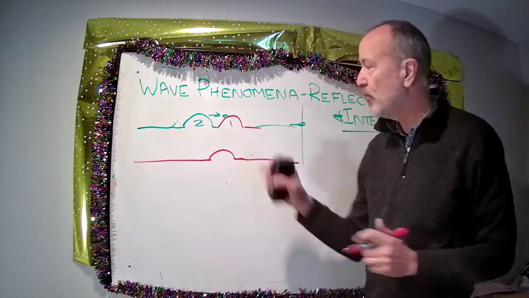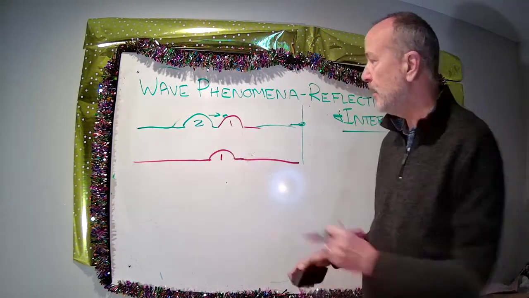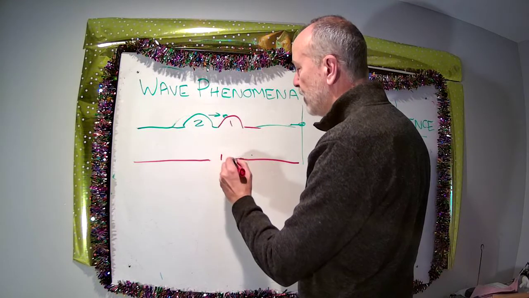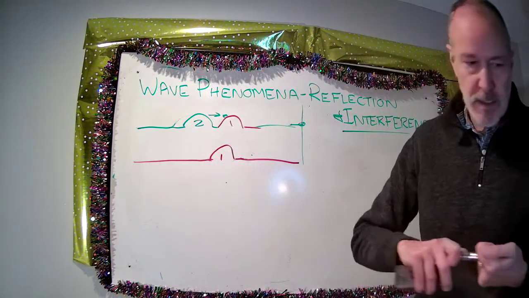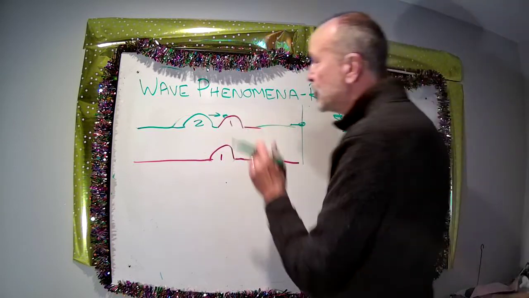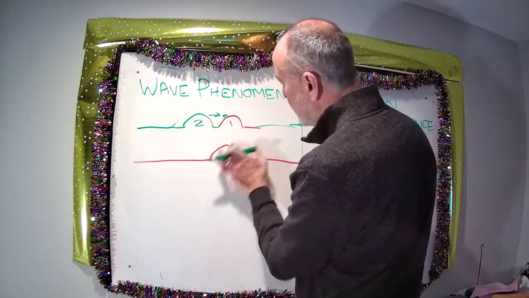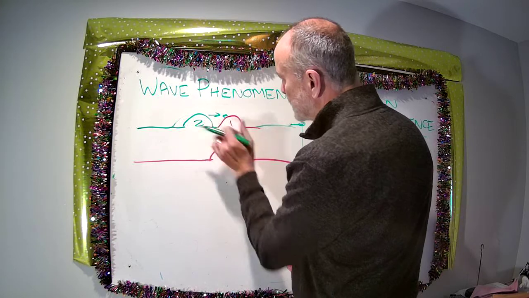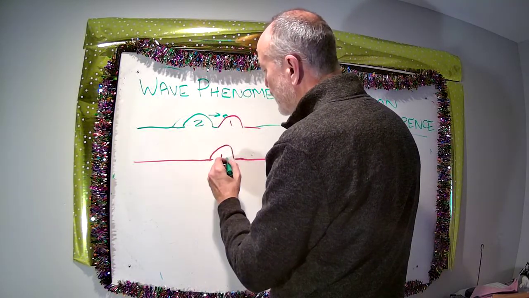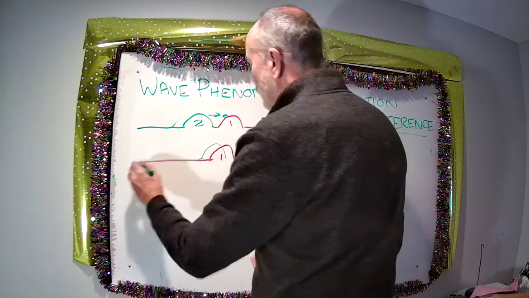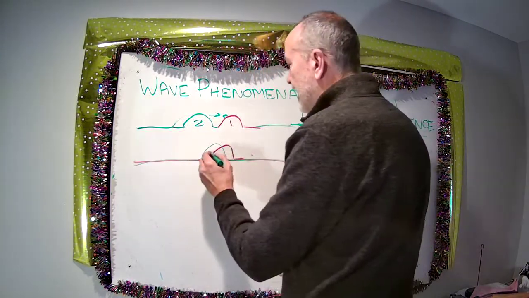If 1 were the only wave on there, it would look like that. I want to make sure I draw it similar to how I drew it before. And 2 has moved over. They're going the same velocity. So if 2 were the only wave, the string would look like that.